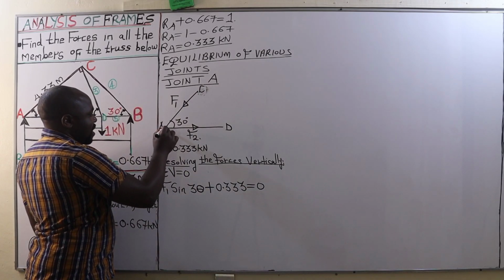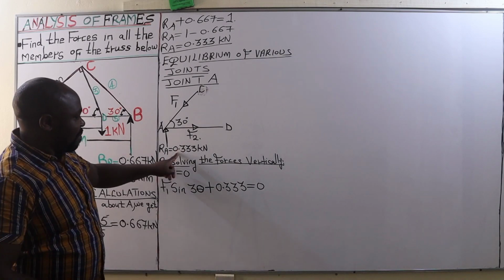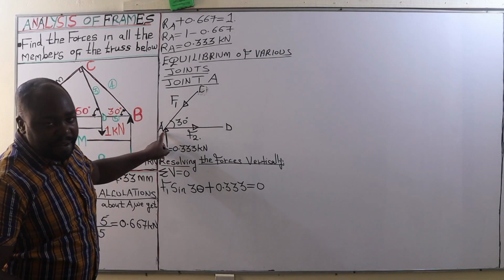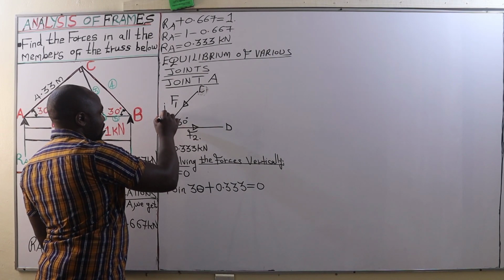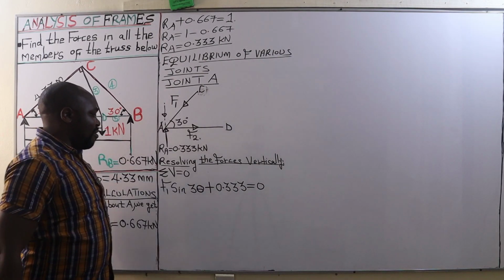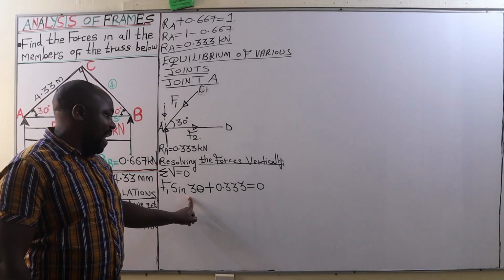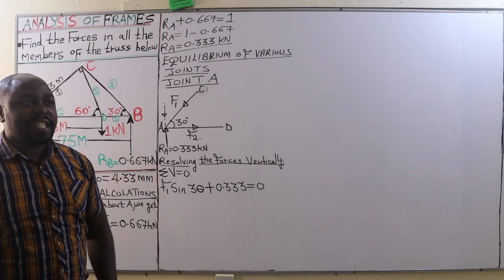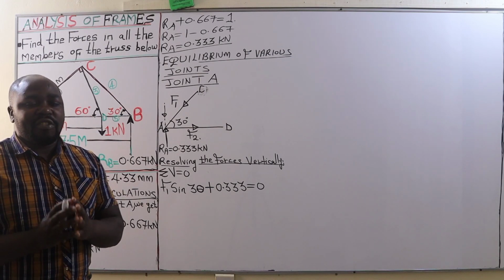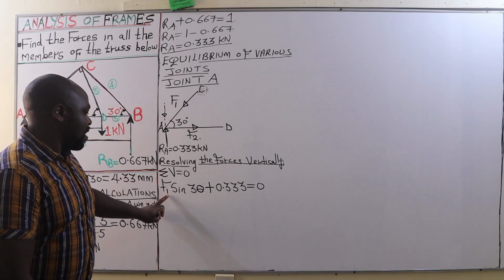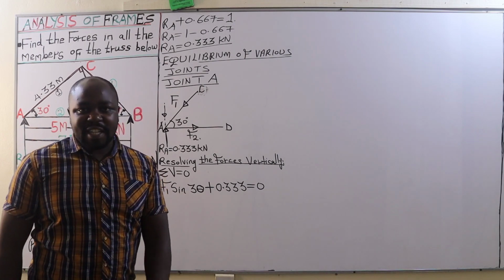We have an upward acting force of 0.33 kilonewtons at joint A, and to make this F1 vertical, we are going to have it as F1 sine 30. I think we explained that in our previous video. So if you haven't watched it, please consider doing so, so that you understand why we got it as F1 sine 30.